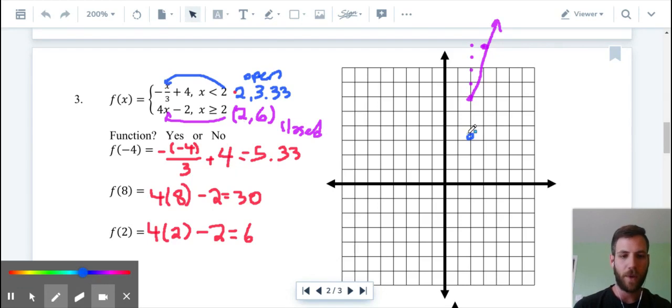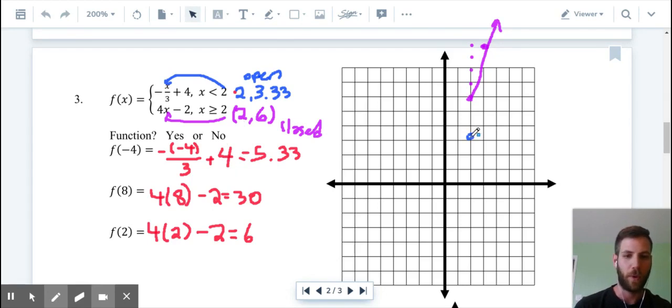So we know we have 2 comma 3.33, which we can't really use. But in this equation, we also see that the y-intercept is going to be a 4. So I could put a solid point at 4 right there, and I could follow my slope of negative 1/3, going up 1 and left 1, 2, 3.